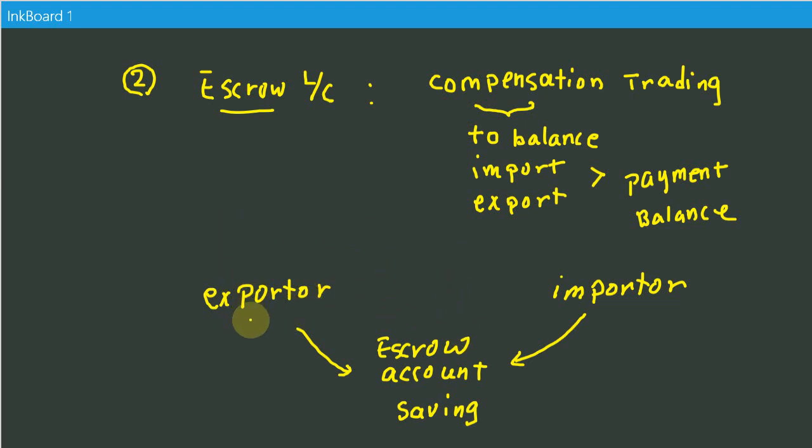Understand? The exporter, for example, will export their product, and the importer should pay to an escrow account at the bank, the compensation account.